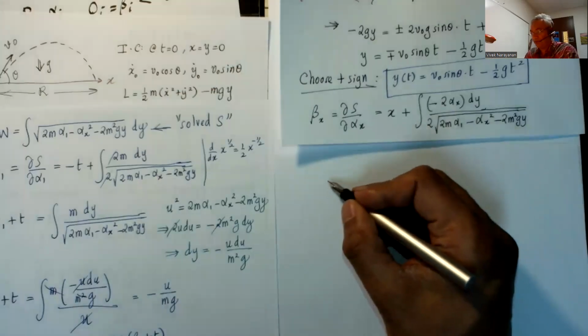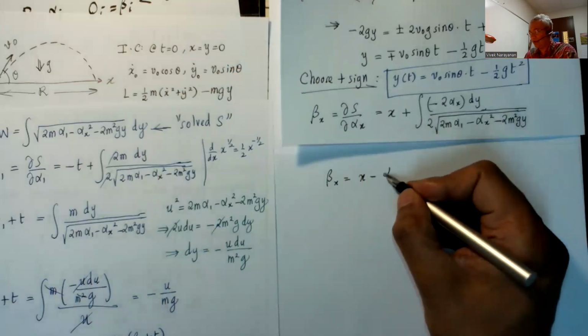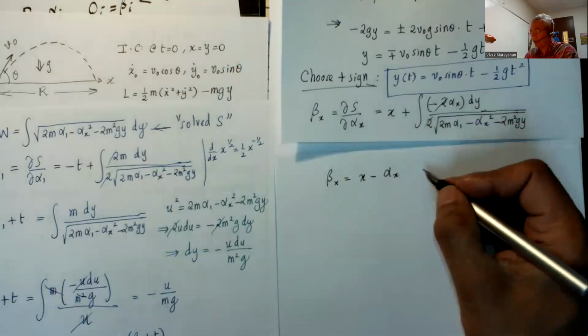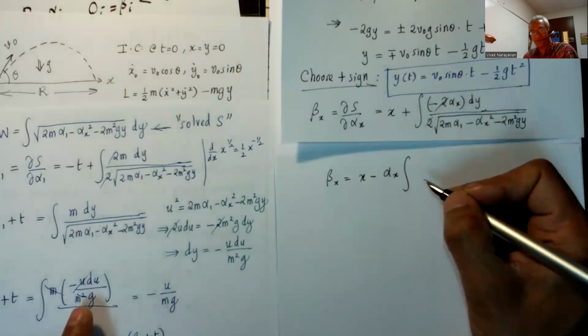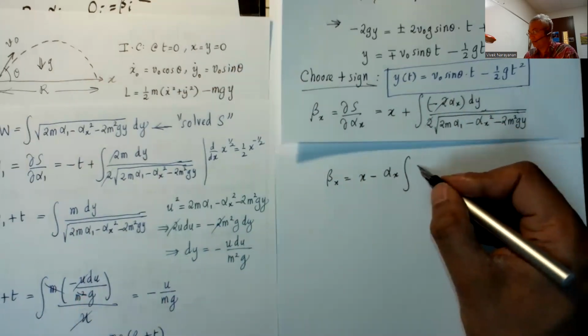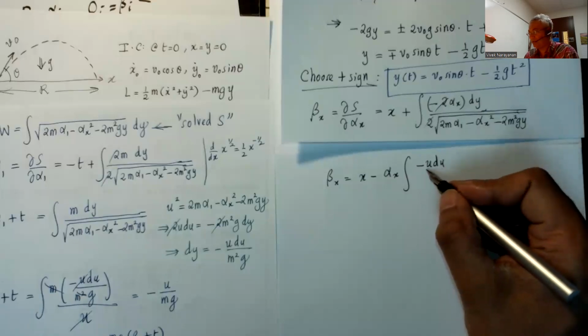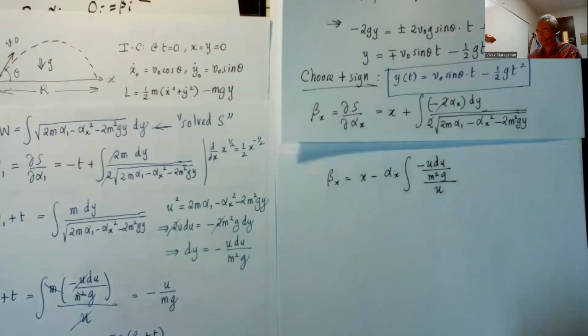So this is going to be beta x equals x minus alpha x. The 2 cancels out. I take the alpha x outside. The minus sign comes outside also. And the integral negative u du. For dy, I'm writing negative u du over m squared g divided by u.